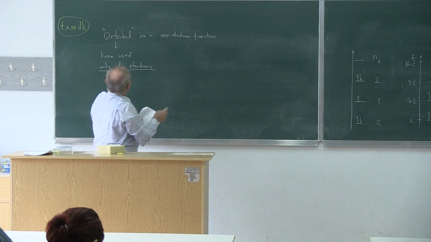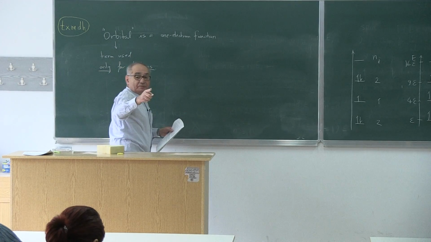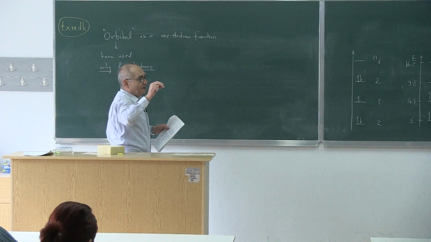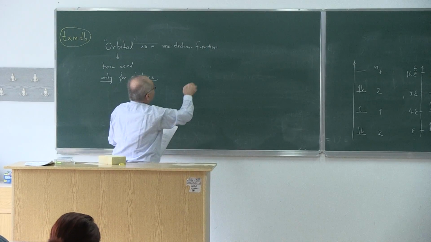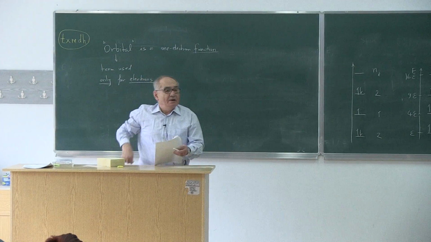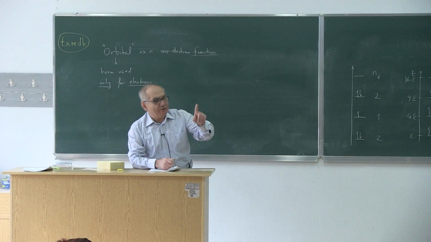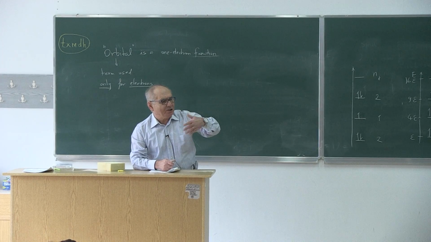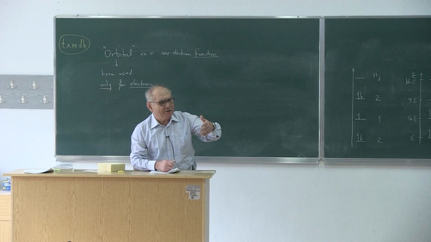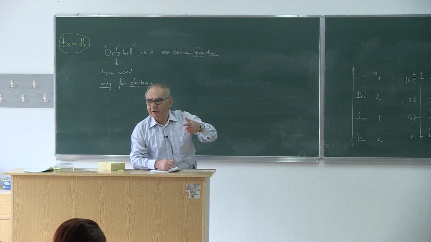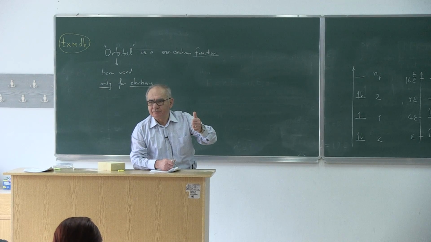So what should you understand completely? It's a function. We are talking about just one electron. Now, what is the maximum number of variables required for a single electron?